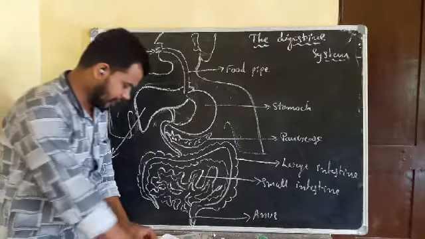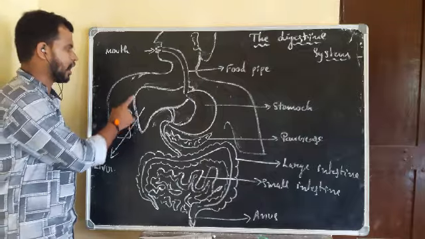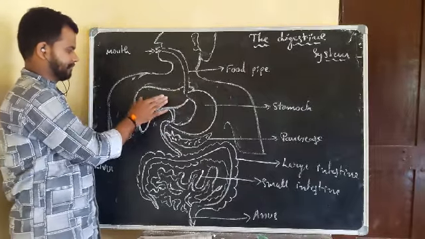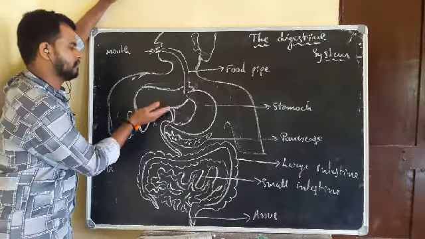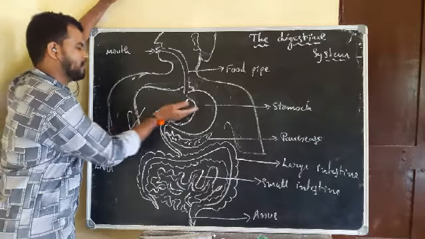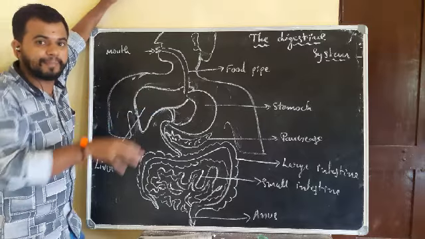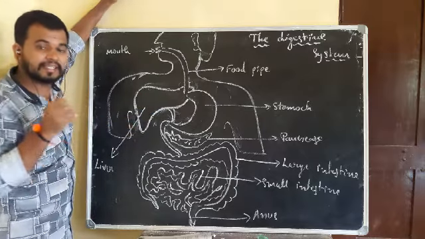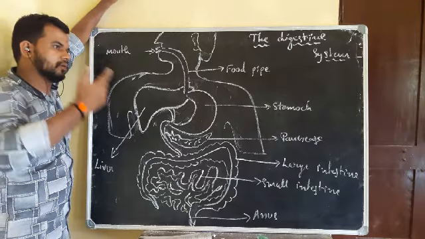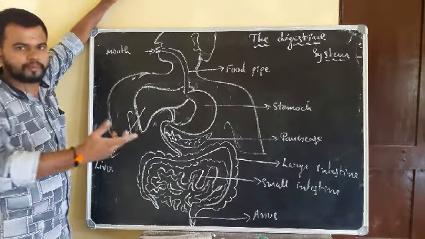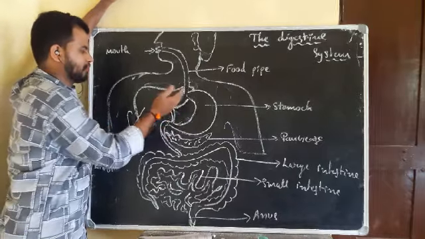The next organ is, my dear students, the liver. Observe here, this is the umbrella-shaped organ located above the stomach. Its function is to secrete bile. Bile is a liquid which helps to digest the food.